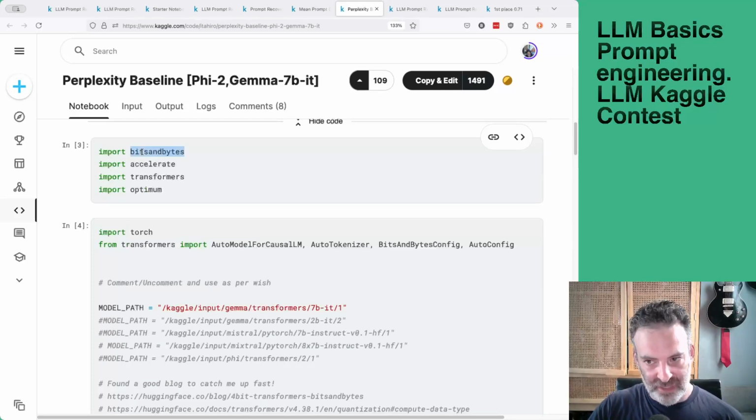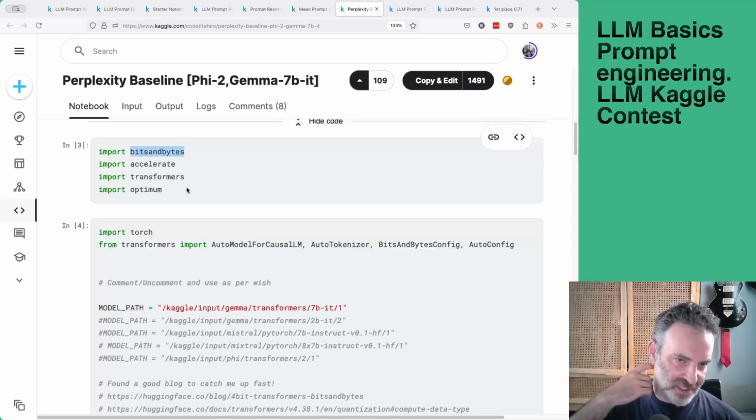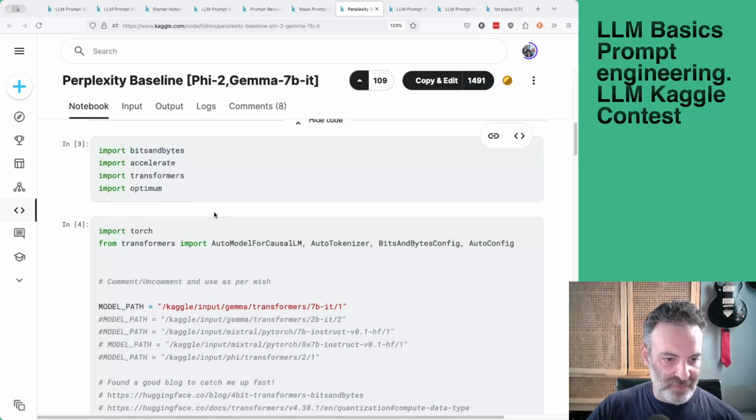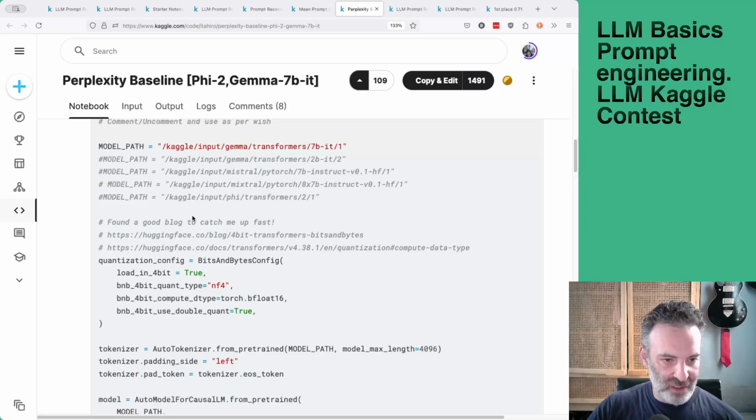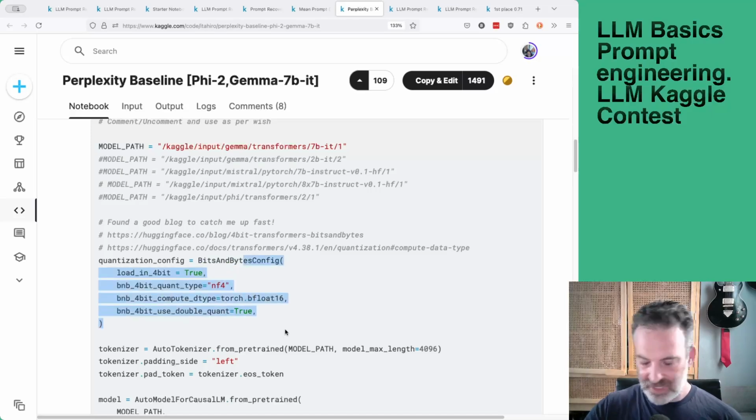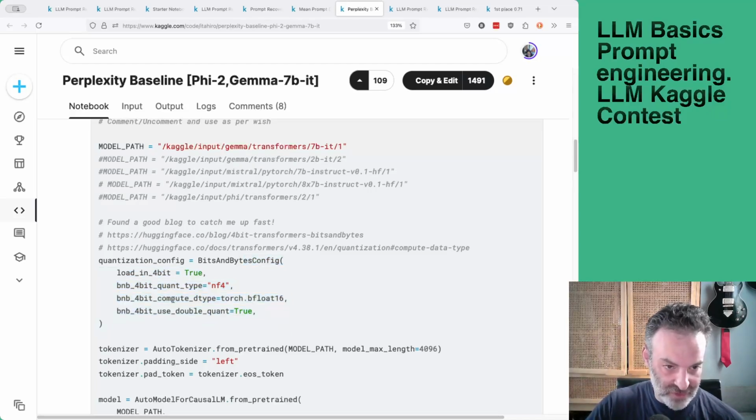Anyway, Bits and Bytes. This is also heavily integrated with Hugging Face. This is the quantization parameters. So if you look here, we have the Bits and Bytes config, which has a whole bunch of other configuration items within it. Basically, we're saying we want it to be a 4-bit config.